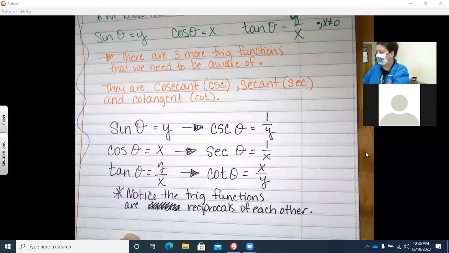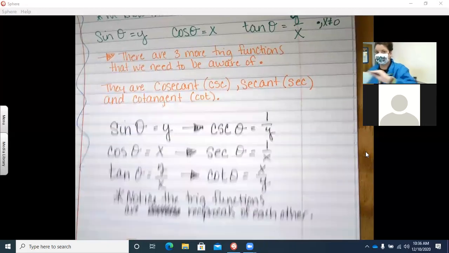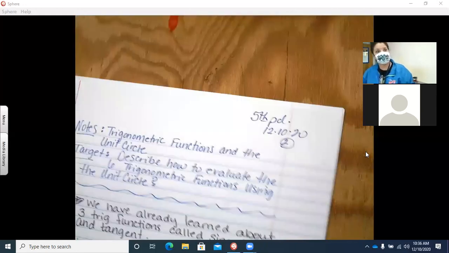All right, so let's do an example. Example 1. I am going to draw a circle, a unit circle, if you will.